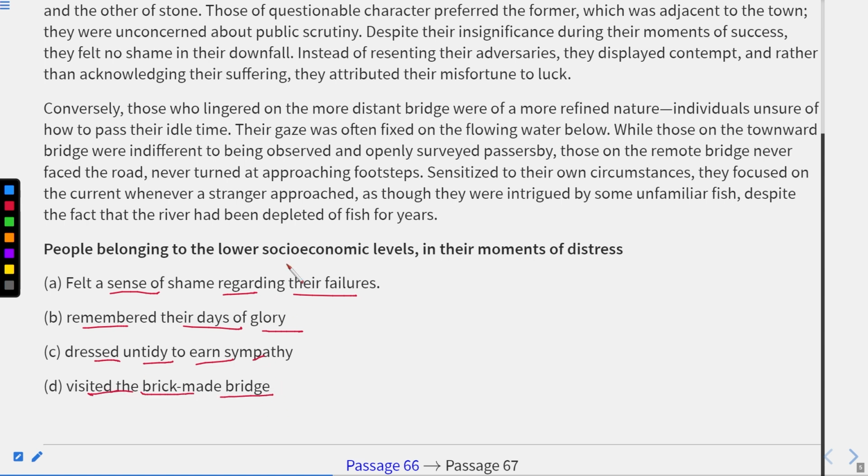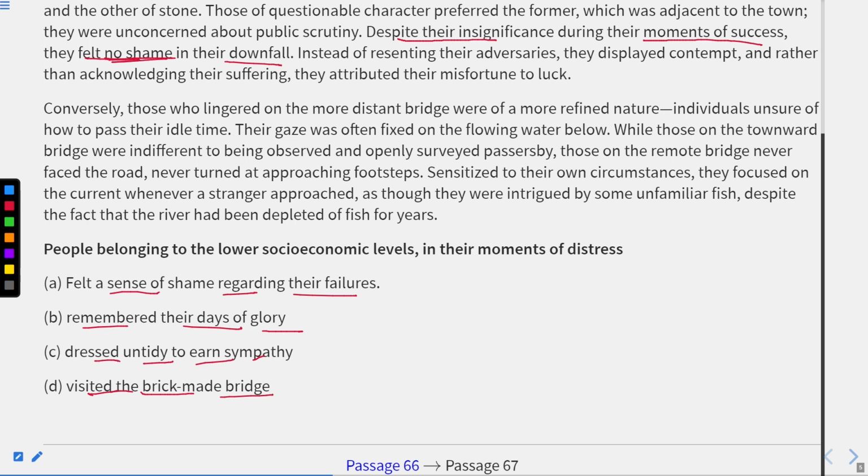Now, if you see the first paragraph, here you will see, despite their insignificance during the moments of success, they felt no shame in their downfall. Okay, it means when they are on the lower end of their socio-economic levels, they do not feel shame.